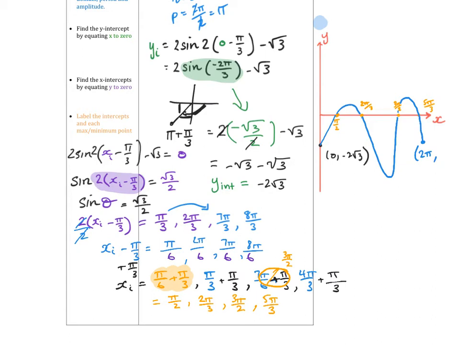So thinking about that endpoint, well, that can be achieved by subbing in. The y part of that endpoint is 2 sine 2 times 2 pi minus 3. Sorry, minus pi on 3.